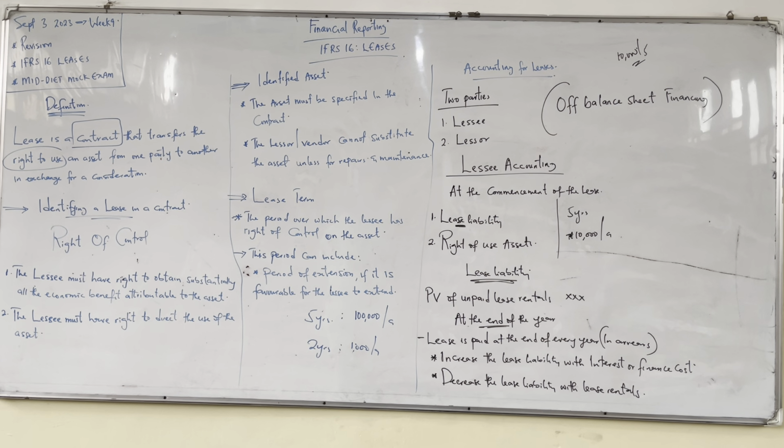There's always the second entry. Where would the second entry go? If the first entry for this interest or finance costs is increasing the lease liability, where would the second leg go?